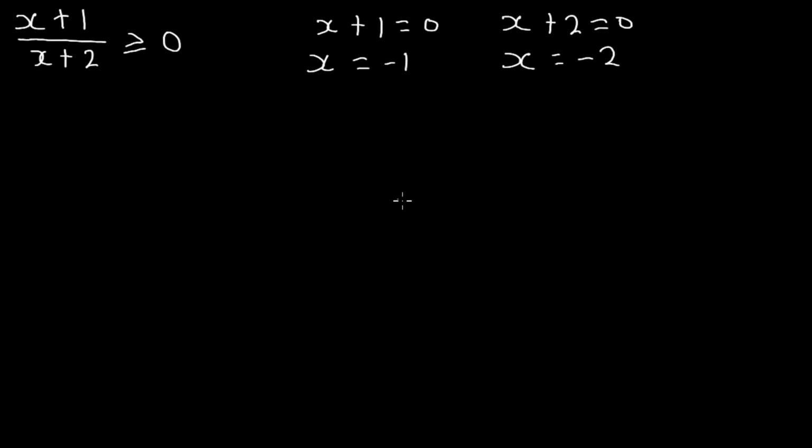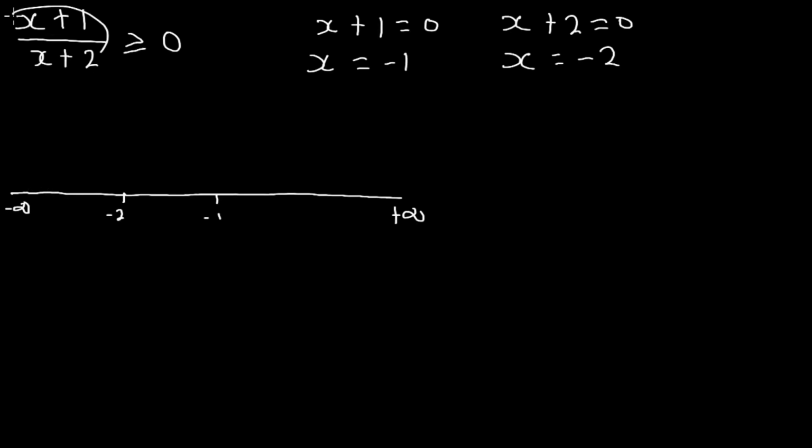So now let's draw the number line to get the different sections where we have the solution. Minus 2 comes before minus 1, so we have first, second, and third sections. All the way to the left is negative infinity, and all the way to the right is positive infinity. Between negative infinity and minus 2, we have infinitely many negative numbers. Let's select minus 3, because that's towards the left.